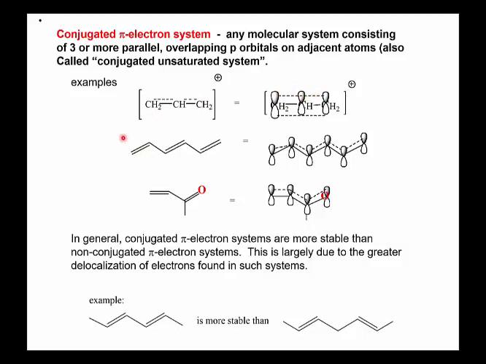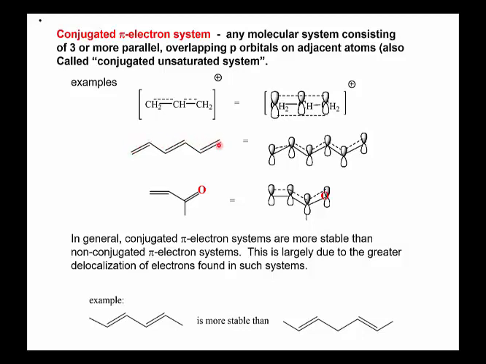This molecule here is a triene. It also is an example of a conjugated pi electron system. The most stable arrangement of this triene is where the molecule is planar. In the planar arrangement, each alkene carbon has a p orbital, and all the p orbitals are parallel to each other.